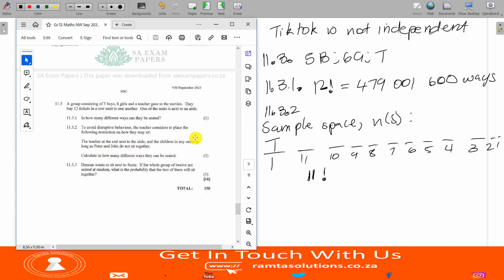Now, the children sit in any order, as long as Peter and John do not sit together. So Peter and John together.